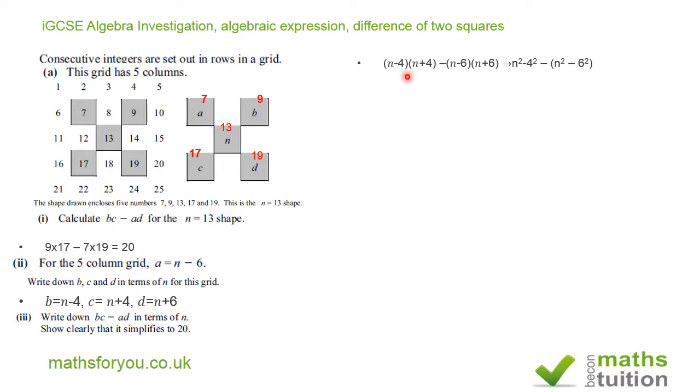So now we've got difference of 2 squares. So n minus 4 into n plus 4 gives us n squared minus 4 squared, and n minus 6 times n plus 6 will give us n squared minus 6 squared.